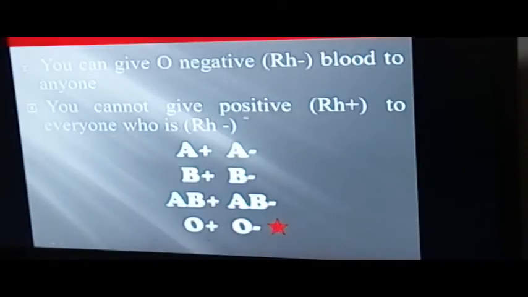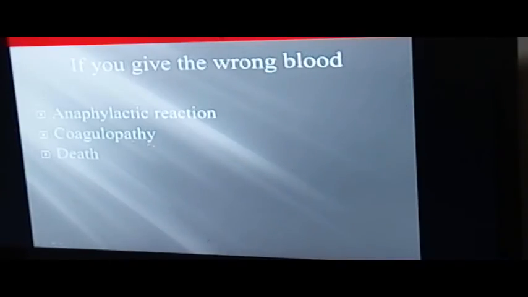However, you cannot give positive Rh, rhesus positive blood to anyone who is rhesus negative. So you cannot give O positive to somebody who is negative, because you will cause these problems, which you don't want to do.